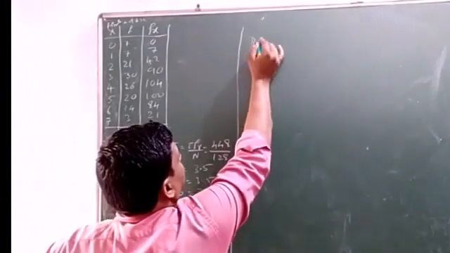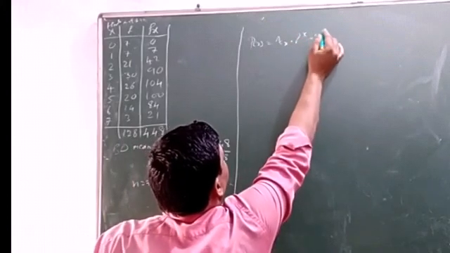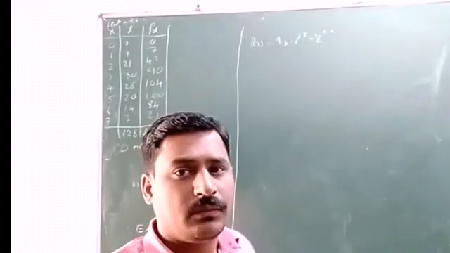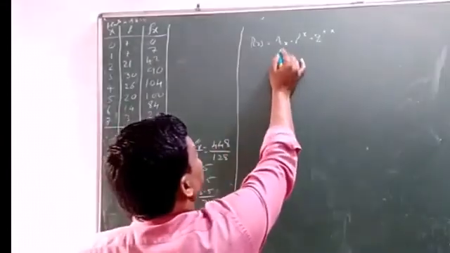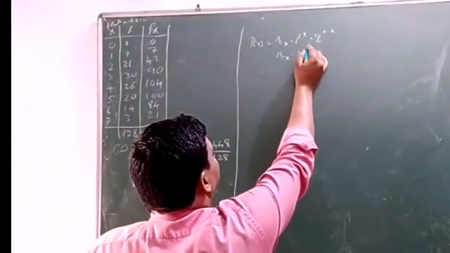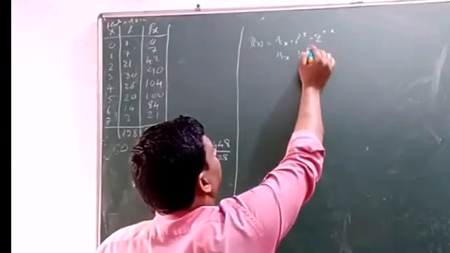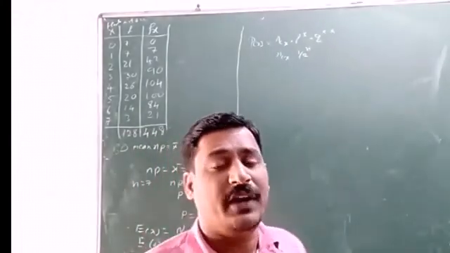P of x is equal to nCx into p raised to x into q raised to n minus x. Since here the p value is 0.5, we get nCx into half raised to n. As p we have 0.5.